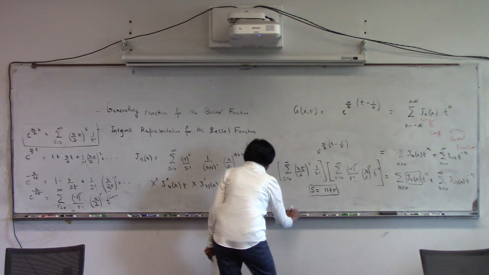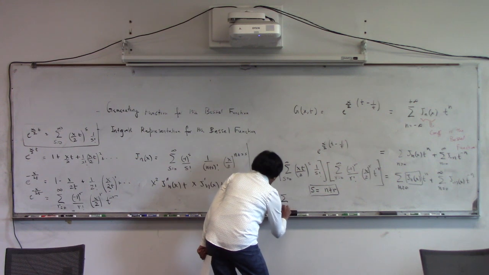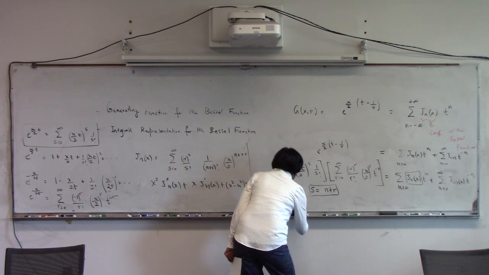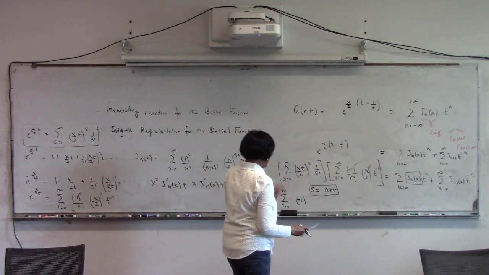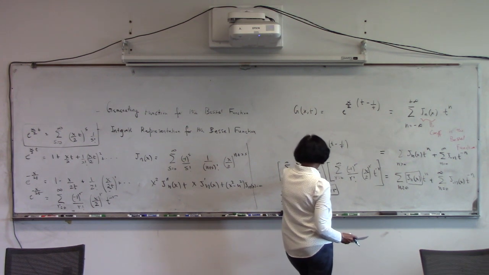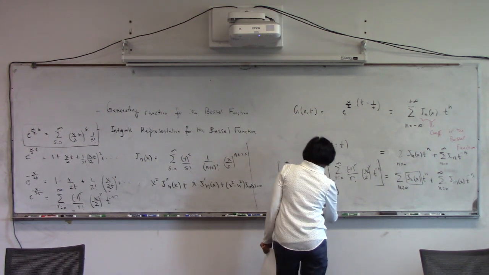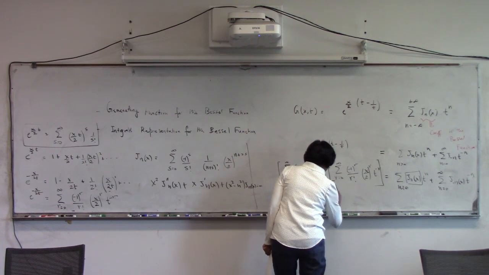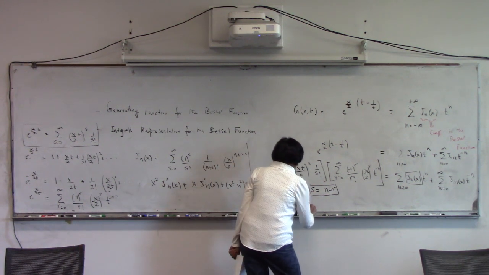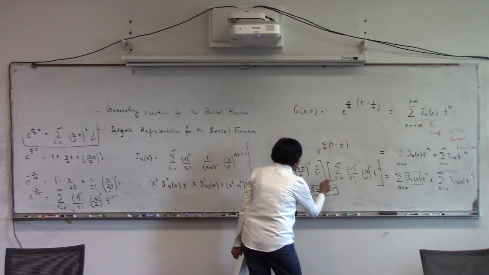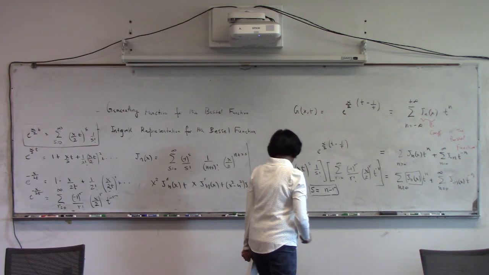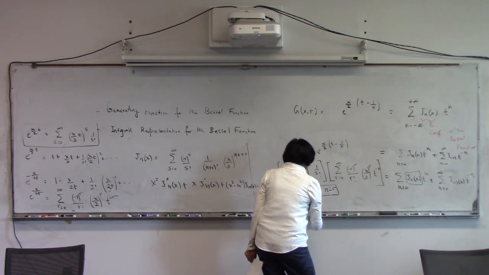Then I would have r equal to 0 to infinity. What do I have? I needed s equal to n minus r, right? I want to look at that term. So minus 1 to the power of n, I want to cancel that. Am I doing it correctly?